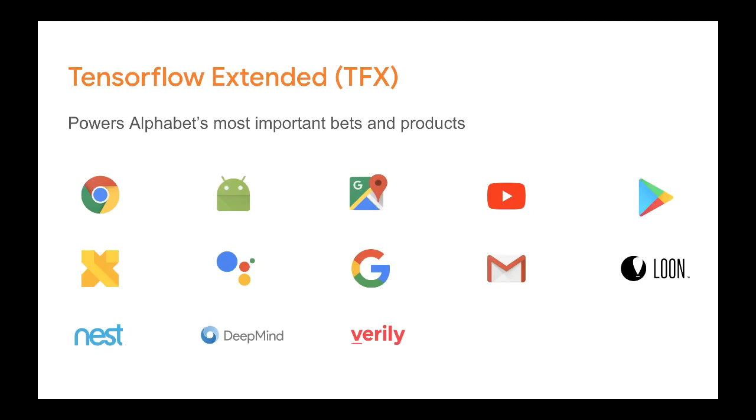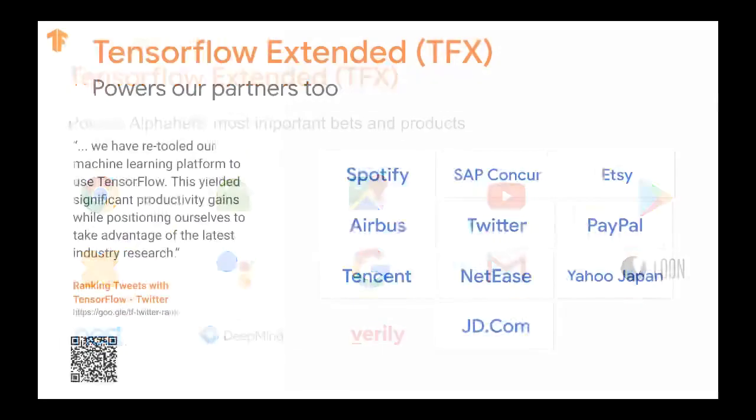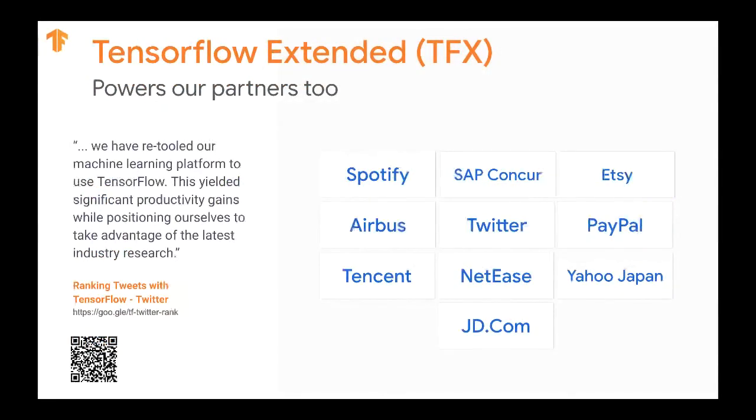So it's used internally across Alphabet, including at Google, for most of the machine learning applications that we put into production. And it has been for several years now, and it's continually improved, of course. But it has a really good track record. And that includes at a lot of our partners, including Yahoo Japan.